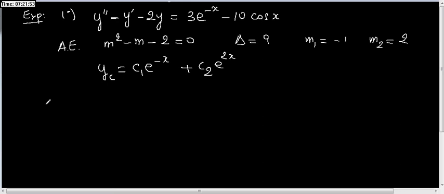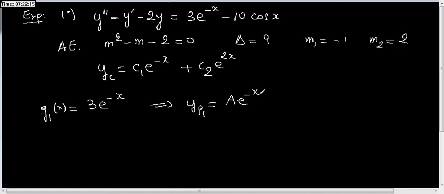Then next is to find y_p, but since we have two different types, we'll find y_p1 and y_p2. So we say that g1(x) is 3e^(-x). The general form would be a constant a times e^(-x). But a constant times e^(-x) we have in y_c, so that's a duplication.